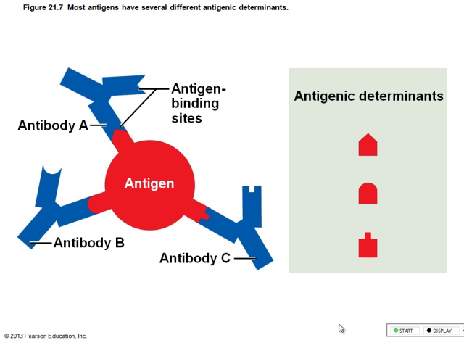Now comes the fun. Now we're going to talk specific. So we know all the players in a non-specific immune response, yes? Now we're going to talk adaptive defenses. So what is it exactly that we're defending against? How do we know it's foreign?